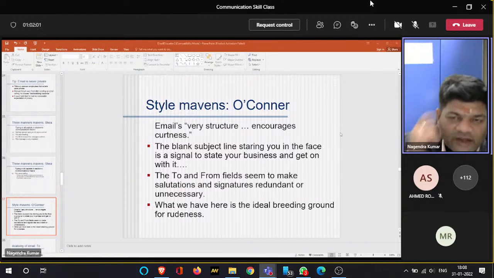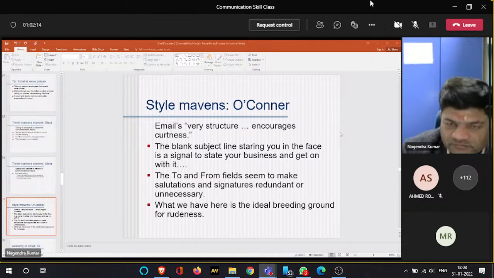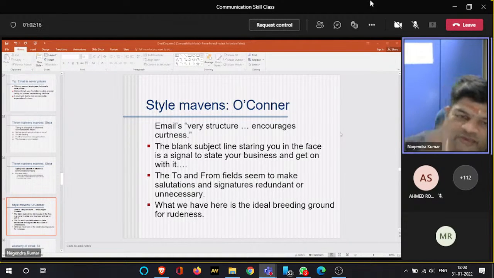So there are chances that you might make some kind of mistake. Like if you leave the subject line blank, that will certainly be considered curt.